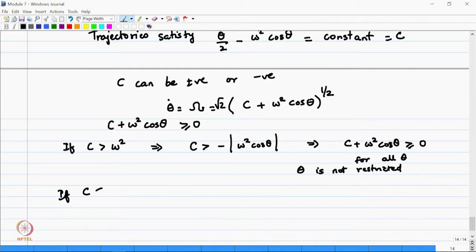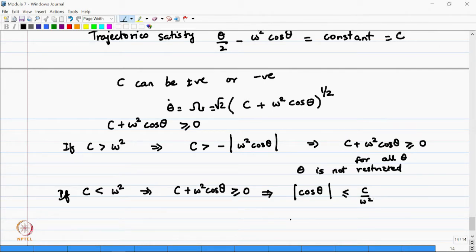If C is less than omega square, then C plus omega square cos theta greater than or equal to 0 implies that the absolute value of cos theta should be less than or equal to C by omega square.